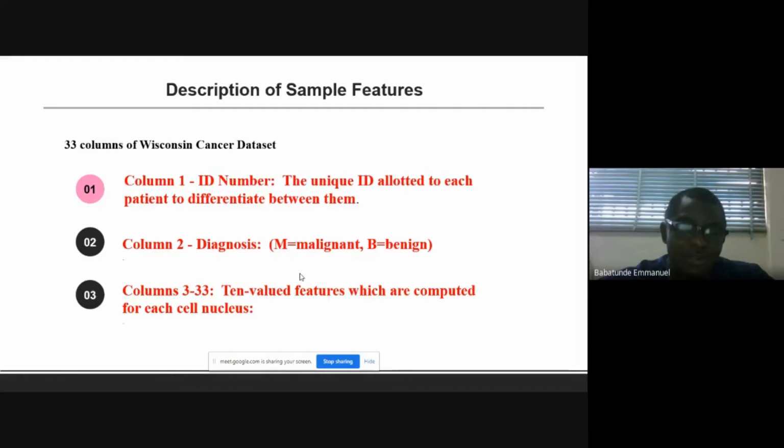The second column is the diagnosis, which is either malignant, M, or benign, B. The remaining columns, column 3 to 33, hold the 10 real-valued features which have been computed for each cell nucleus of the microscopic image obtained from the biopsy.